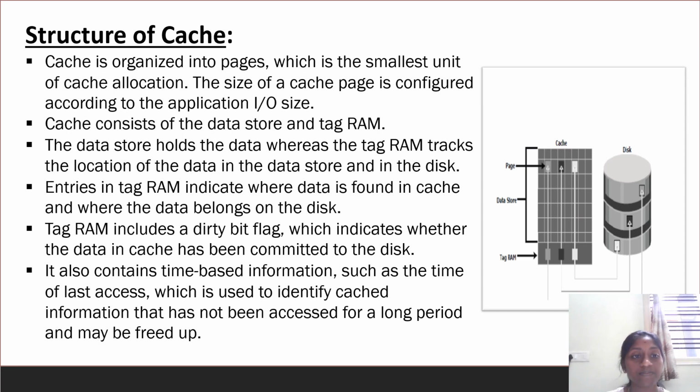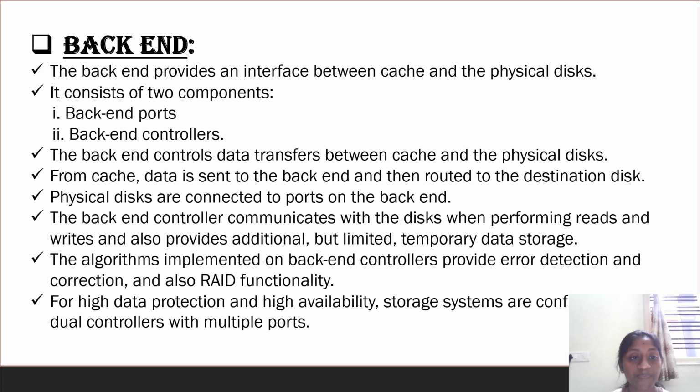Backend. This is the third component. The backend provides an interface between cache and the physical disks. It consists of two components. The first one is back-end ports and the second one is back-end controllers. The back-end controller controls data transfers between cache and the physical disks. From cache, data is sent to the back-end and then routed to the destination disk.